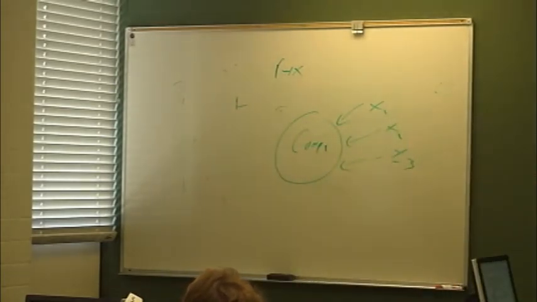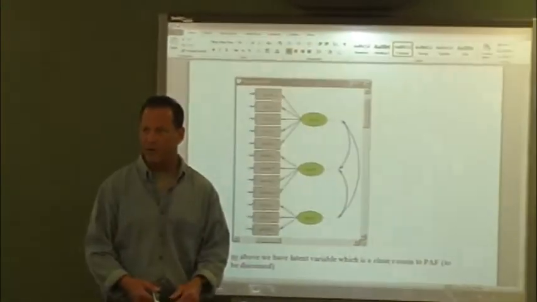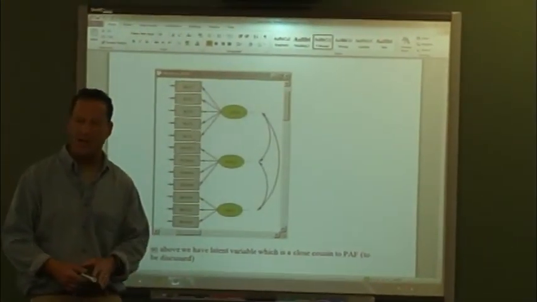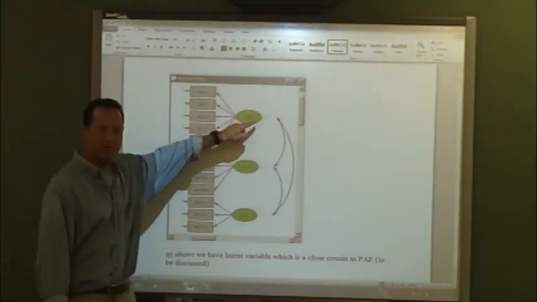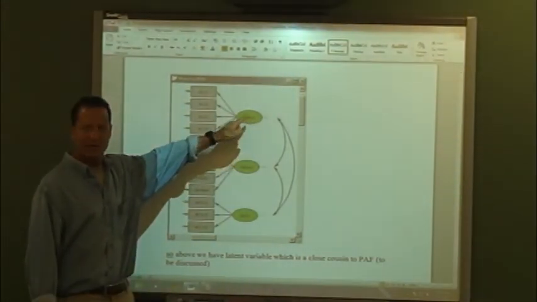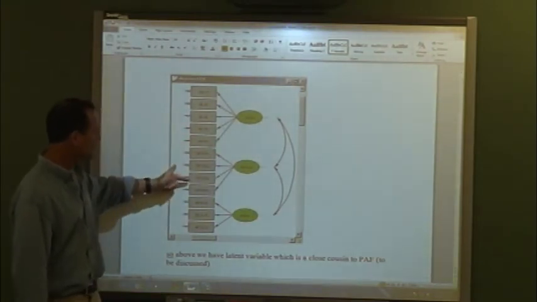Factor analysis is very close to confirmatory factor analysis. Factor analysis, or principal axis factoring as they call it in SPSS. Do you see here that the items are a function of the construct? Here's self-esteem, measured by 5 items. Here's depression, measured by 4 items.